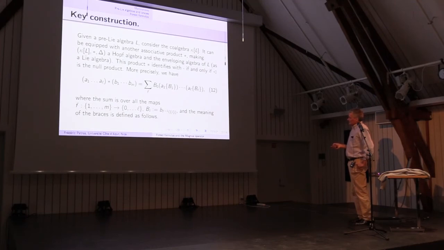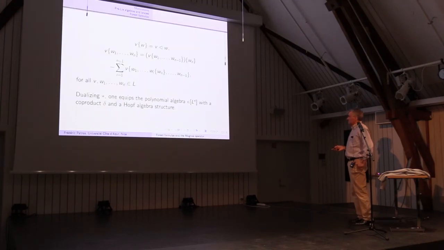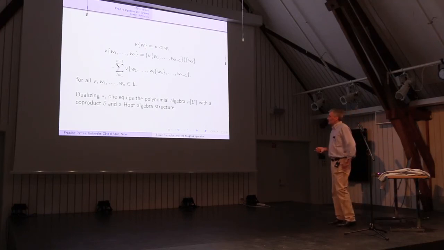To make sense of the right-hand side of the equality, you have to define what are these expressions A1 brace B1. This is a recursive definition. You define the brace product of V and W to be the Pre-Lie product of V and W. And this is extended recursively to expressions with higher order sequences of terms in the braces.